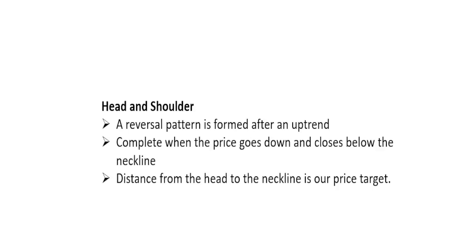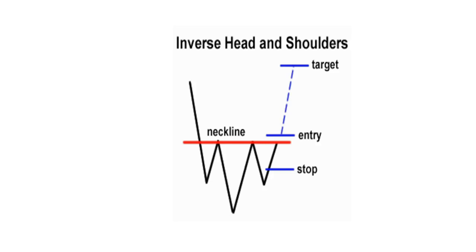So this takes us to our next pattern, the inverse head and shoulders pattern. This is just the opposite of a head and shoulders pattern. Here, we can always find this in the downtrend. So the price always tries to make a push downwards. There will be a push upward towards this neckline, and then a further push downwards, forming a new low.